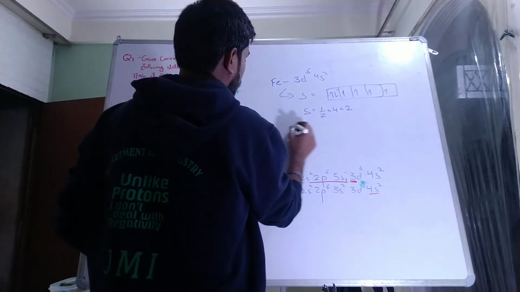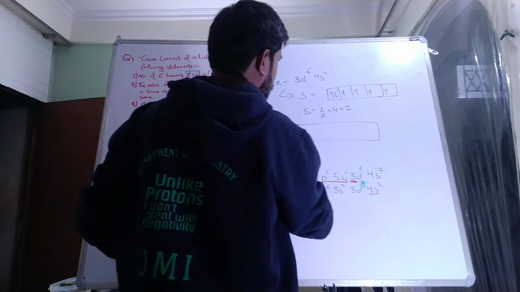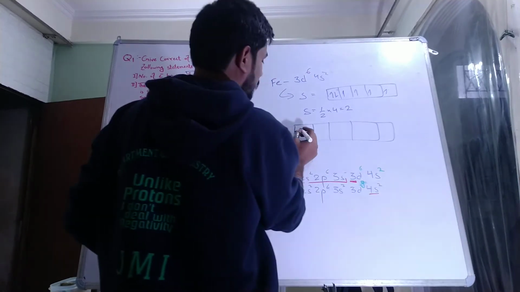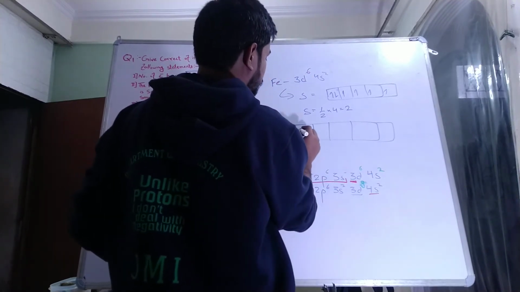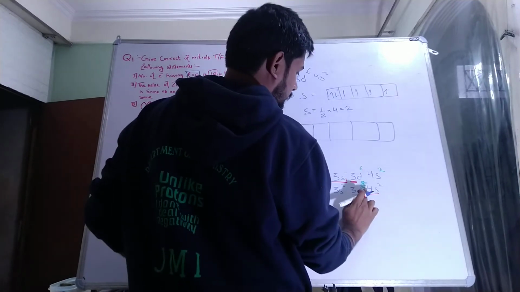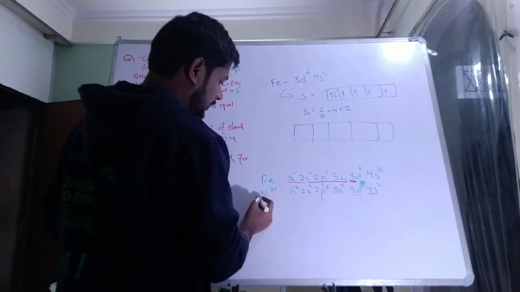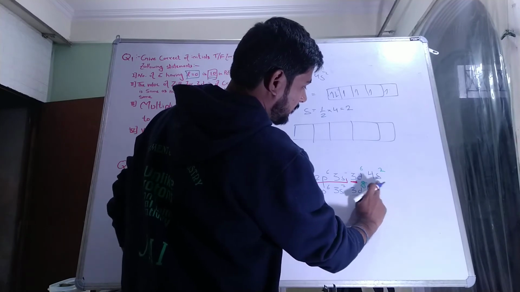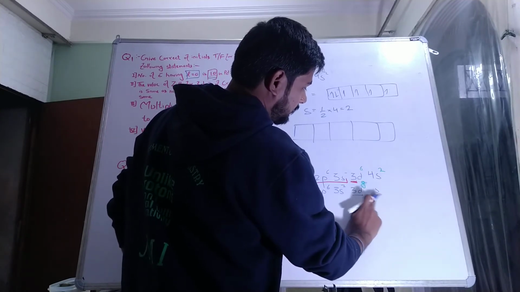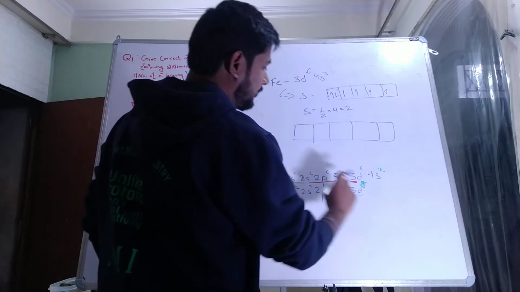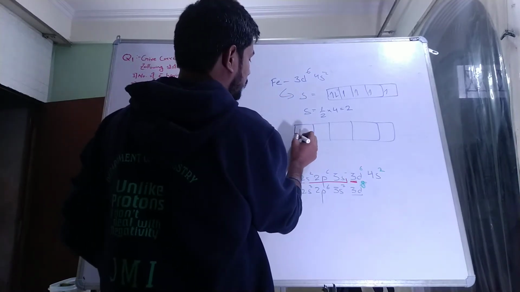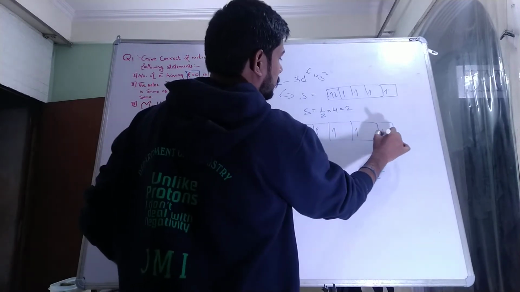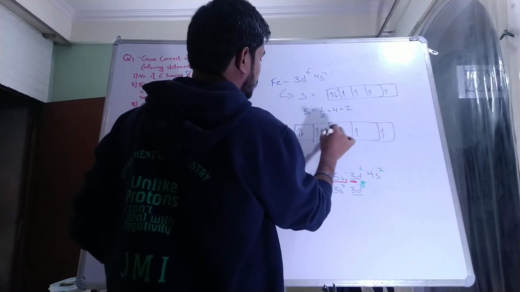And for nickel 2+ we have 8 electrons. It is nickel 2+, so 2 electrons will be eliminated, so it will be 3d8 only. We have to fill 8 electrons, 1 2 3 4 5 6 7 8.